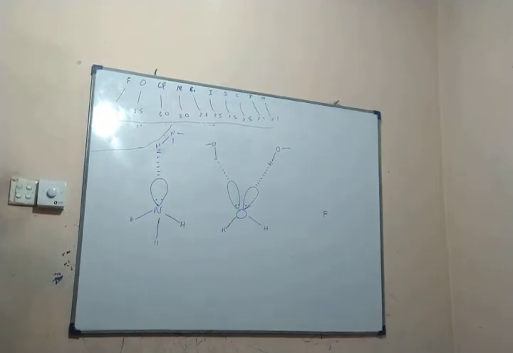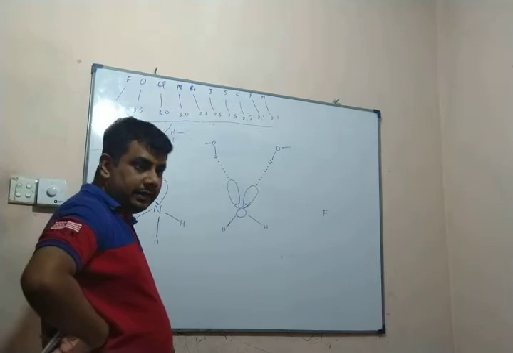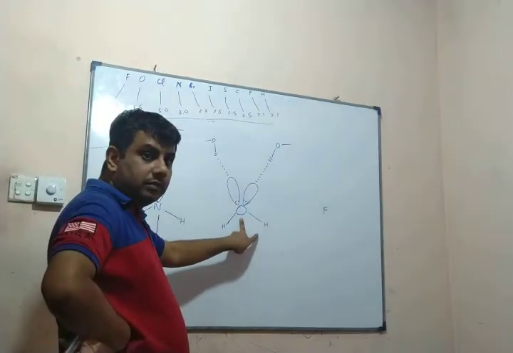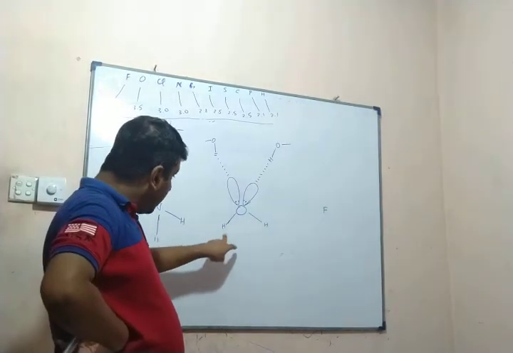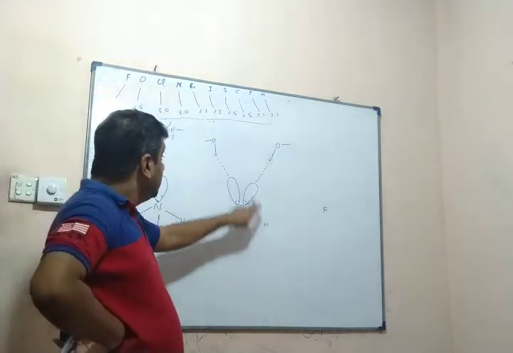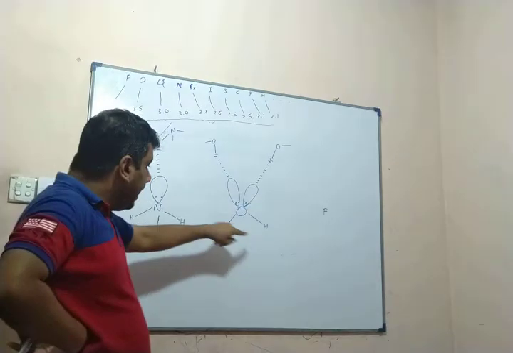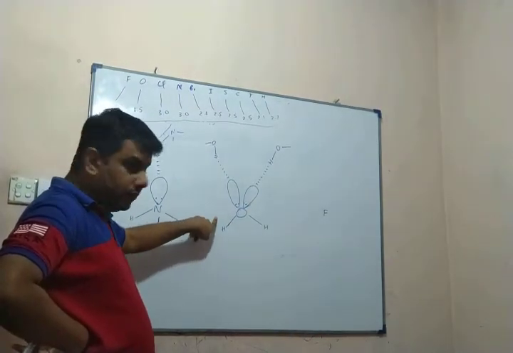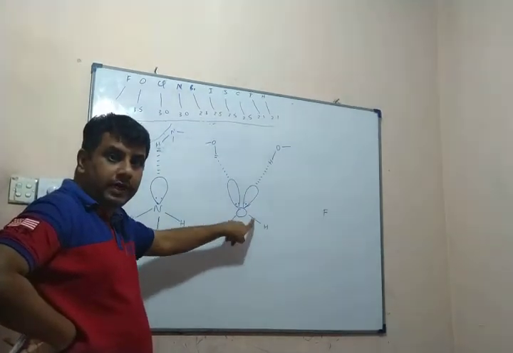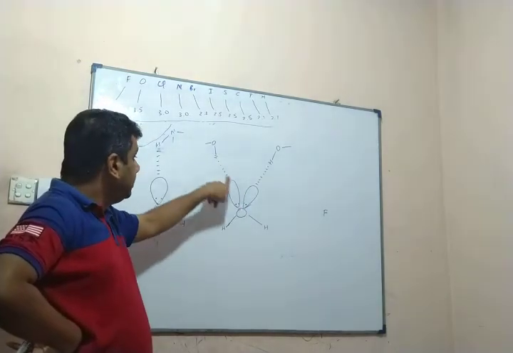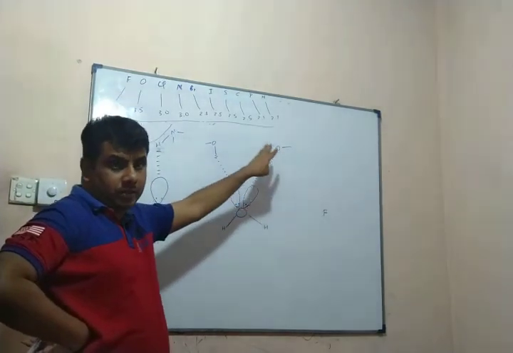And can you tell me how many hydrogen atoms are there around oxygen? How many hydrogen atoms? 1, 2, 3, 4. Totally 4 hydrogen atoms. And out of those 4, 2 hydrogen atoms are covalently bonded and the remaining 2 are hydrogen bonded.